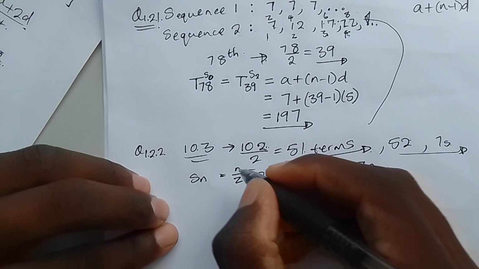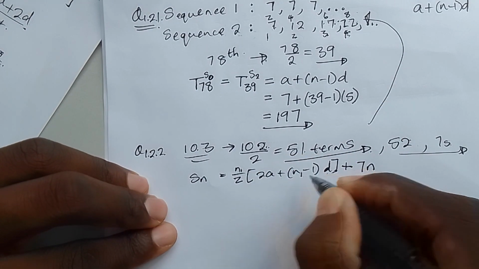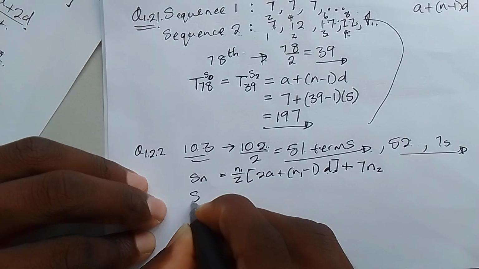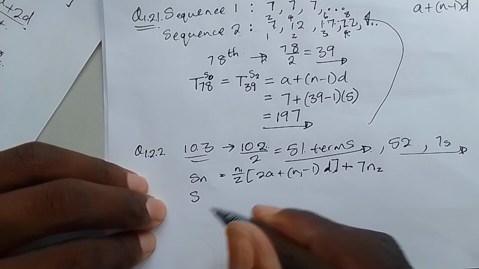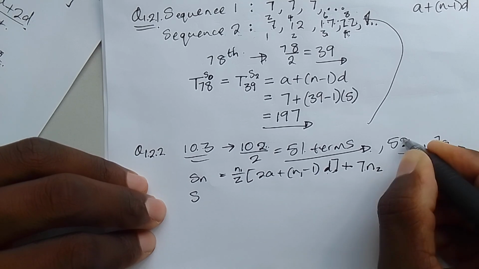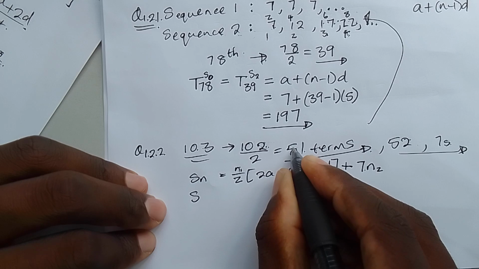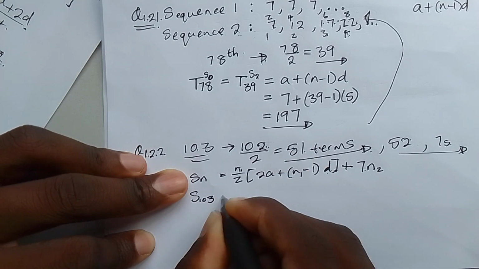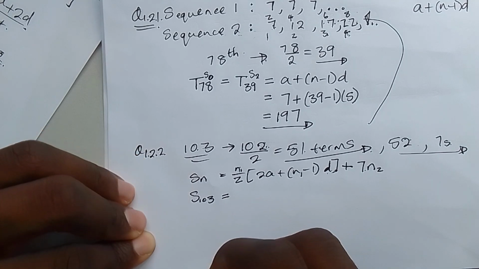Let me say n1 here, and n2 here. Hope you don't get confused. I said 2 here because this is 52. I said 1 here because this is 51. But we are looking for the sum to 103 terms.